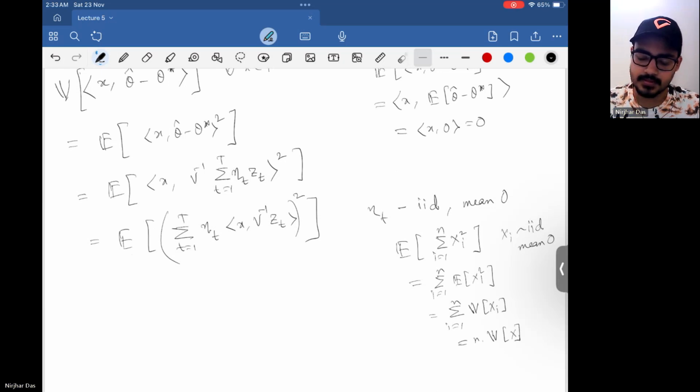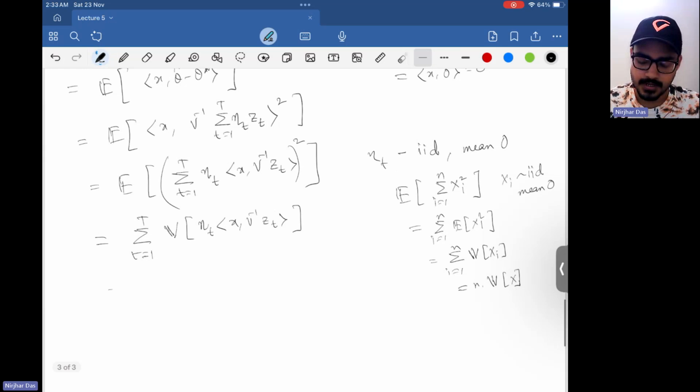So essentially, this quantity will become the summation t equals 1 to T of the variance of eta t times x V inverse Z t, and this is nothing but the summation t equals 1 to T of x V inverse Z t, whole squared, times the variance of eta t. Say the variance of eta t is some constant.